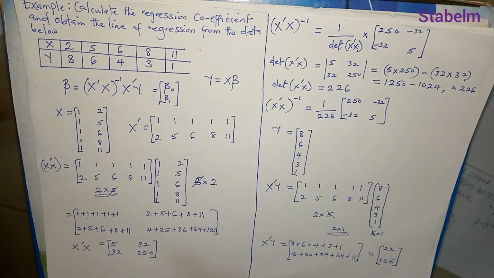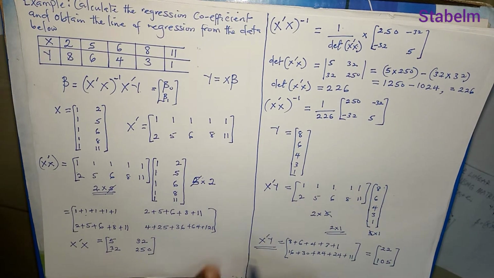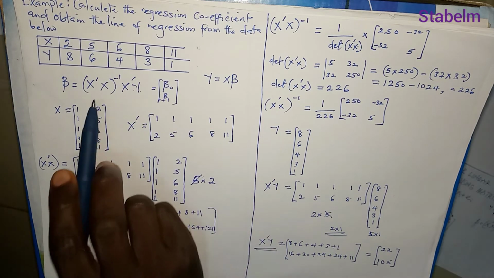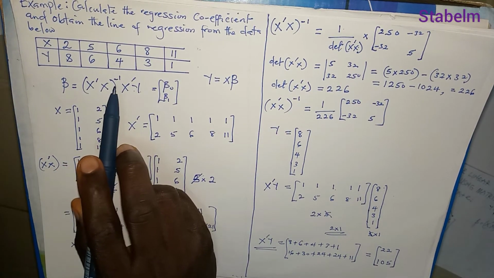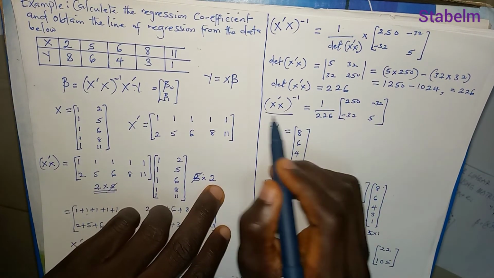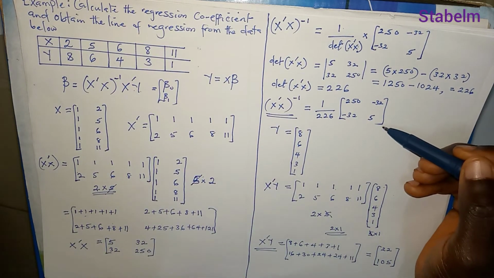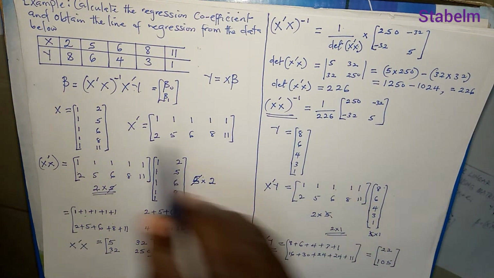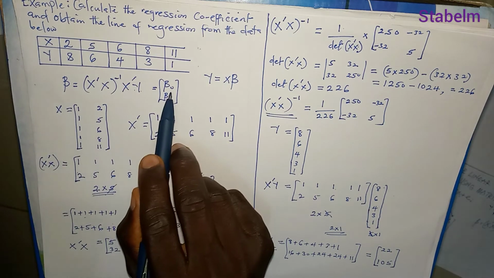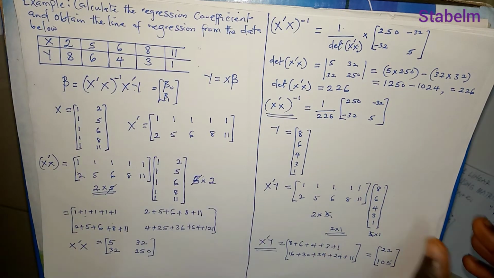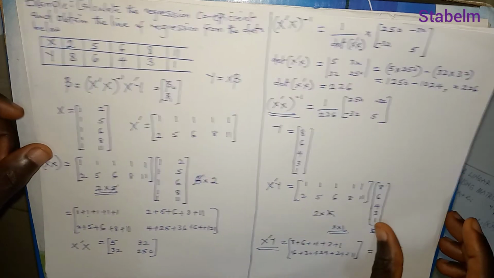Alright, now we are not going to go back to this. We've gotten our X prime Y, which is this, and we've gotten our X prime X inverse. So we need to multiply this and this in order to get the coefficients beta naught and beta 1. So let's move on.